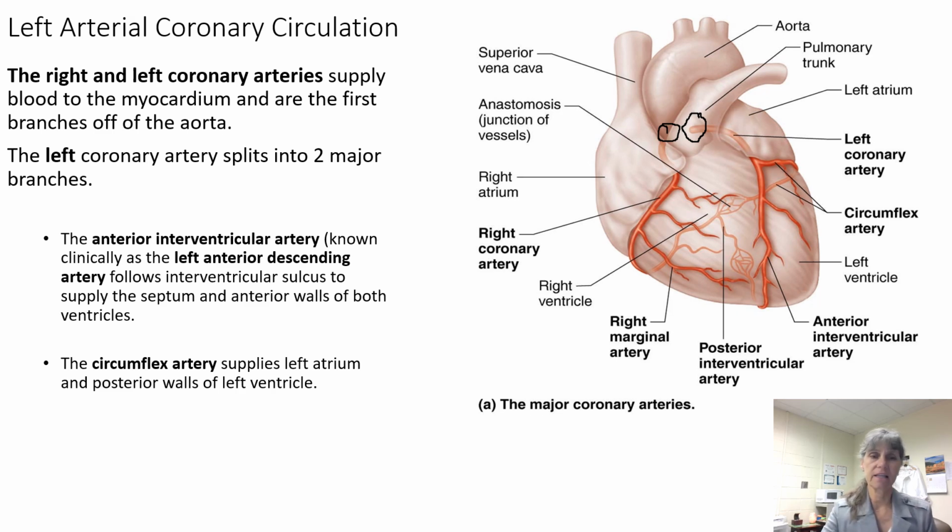The left coronary artery is going to break into two major branches, and one of those branches is the anterior interventricular artery, which is this artery here. Anterior, so it's on the anterior surface, interventricular, between the ventricles.